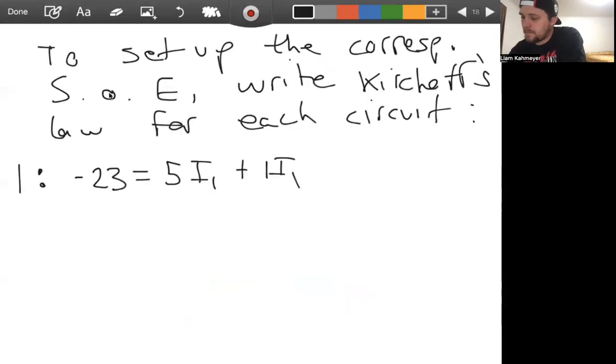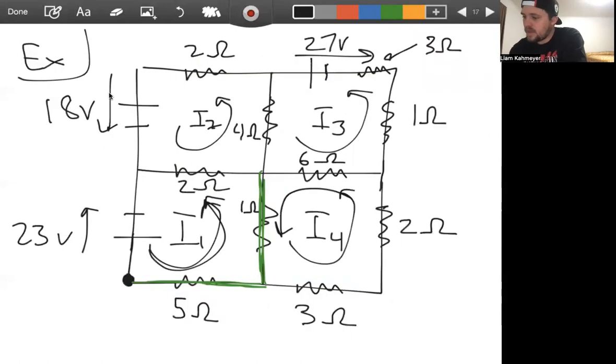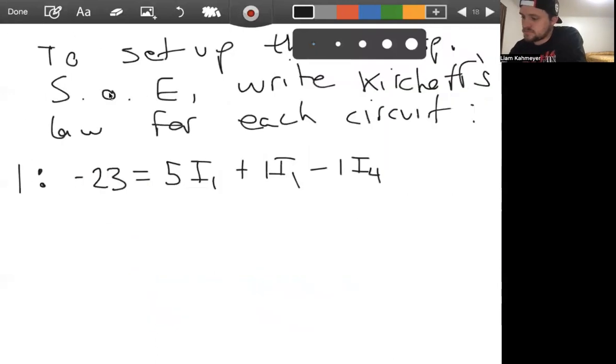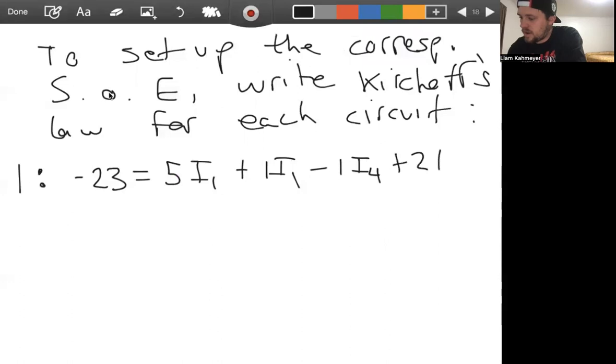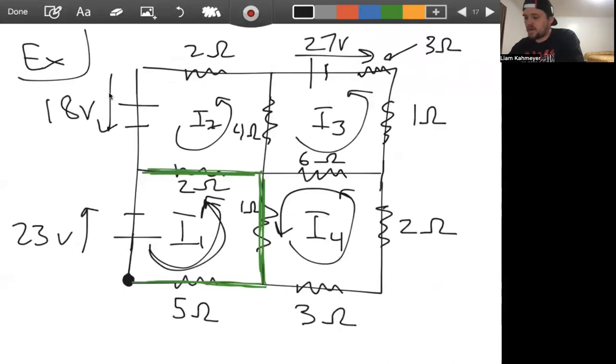So this is going to be minus 1 times I4. And then next, in this first circuit, we would go to the top wire there, and we would have 2 I1, so plus 2 I1. But then notice we also have an effect from current I2, which is opposing I1. So it's going to be minus 2 I2.